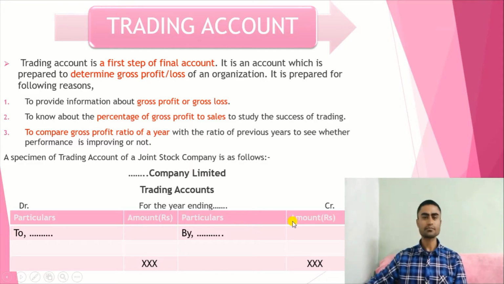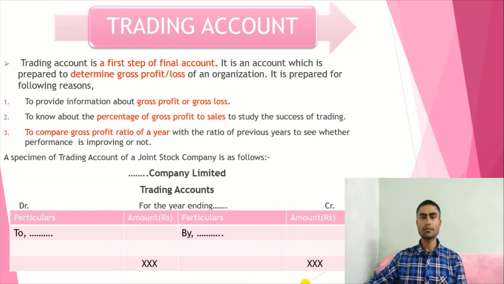In the debit side we record the different expenses which are related to the factory. That means direct expenses are recorded in the debit side, and in the credit side the direct income is recorded, like sales, including closing stock. So this is the format of the trading account.